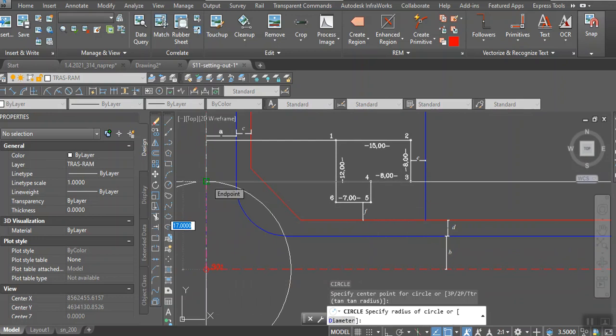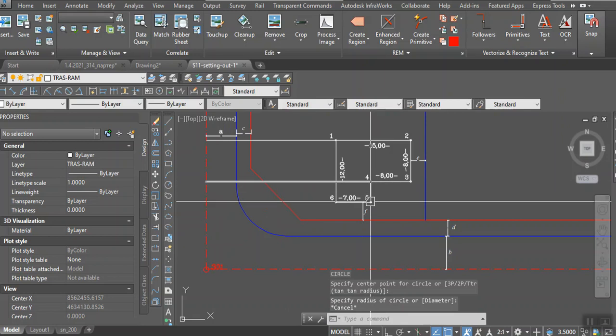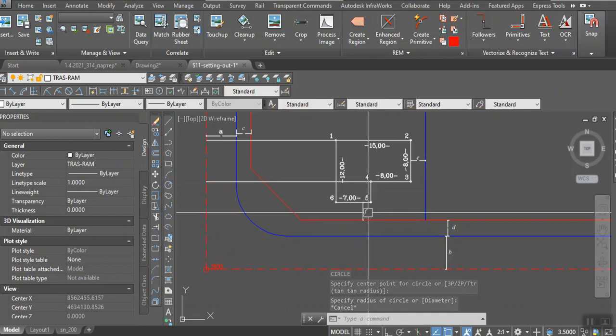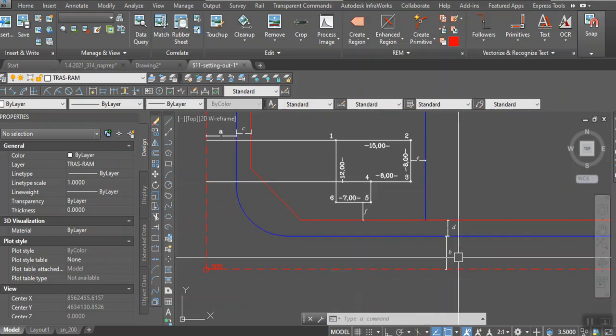This distance is going to be, again, this side of the building plus F plus D plus B.